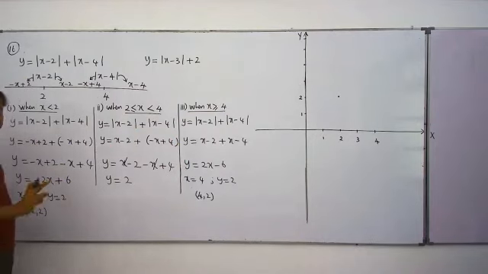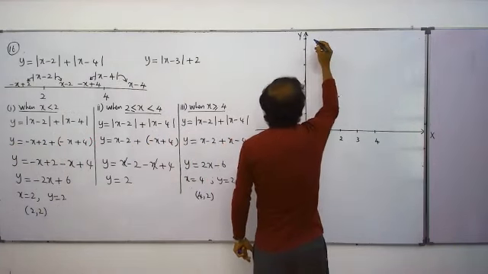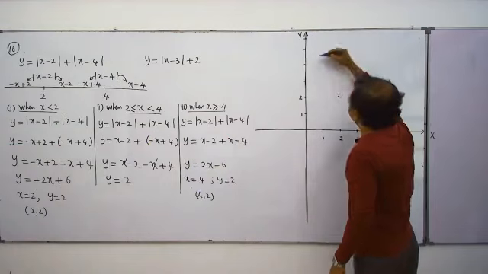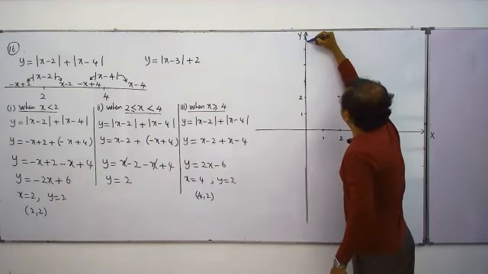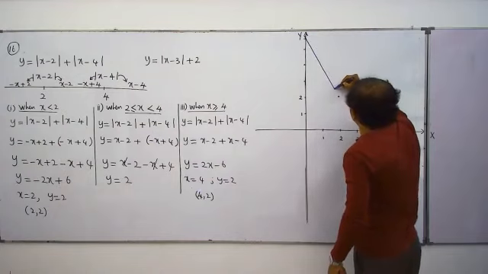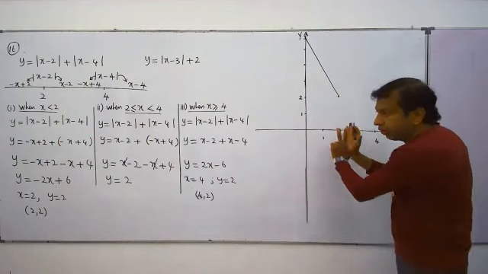Other point is intercept 6. 6 is here. Right. So then the line we can draw like this. Join this and this. This way, right? That line we need on the left of 2.